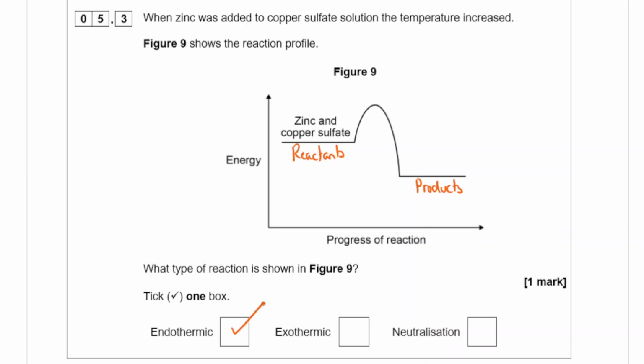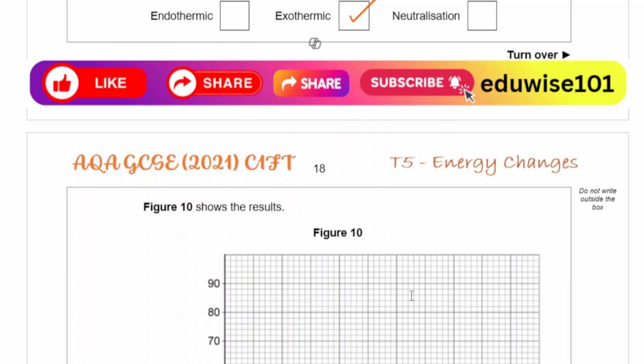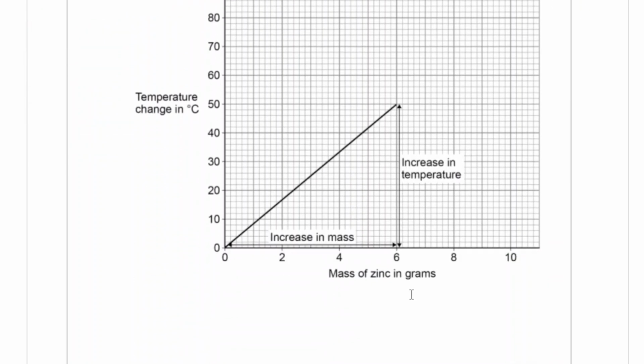It's not an endothermic, it's an exothermic reaction because energy is being given out. Figure 10 shows the results. So temperature change, it went from 0 to 50, and they marked increase in mass and increase in temperature.